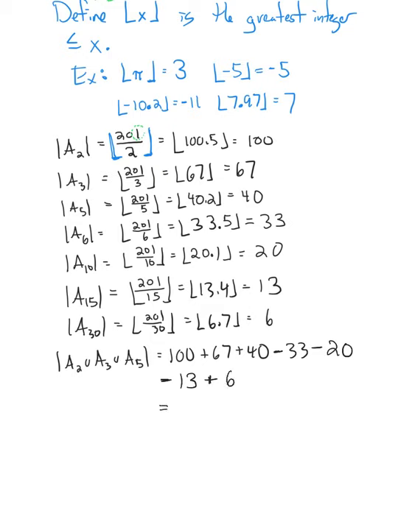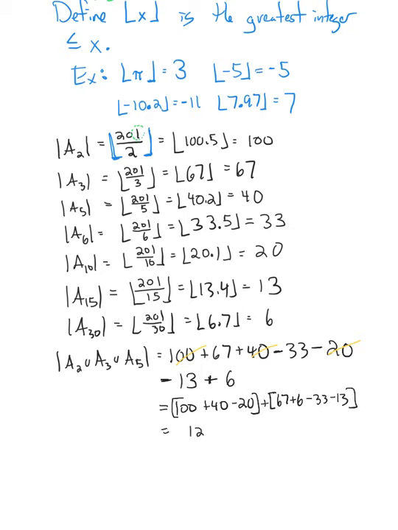Okay. So now we add these numbers. So what do we got here? Let's add the easy ones first. So 100 plus 40 minus 20. That looks easy enough to do. I'll put some brackets around that. Then what do we have? This is just doing arithmetic. This isn't anything particularly complicated. Then let's do 67 plus 6 minus 33 minus 13.